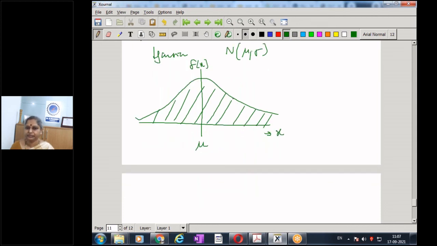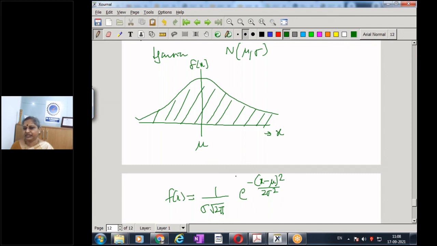What's the expression of the Gaussian distribution function? 1 by sigma root of 2 pi, e to the power of minus x minus mu whole square by 2 sigma square. When I plot, this is what I get.